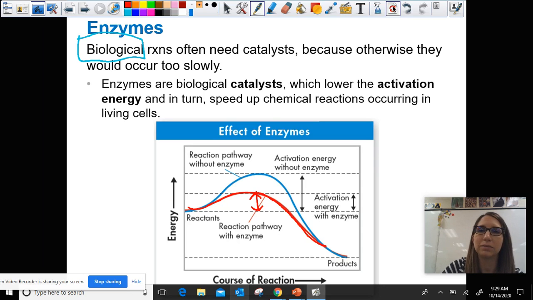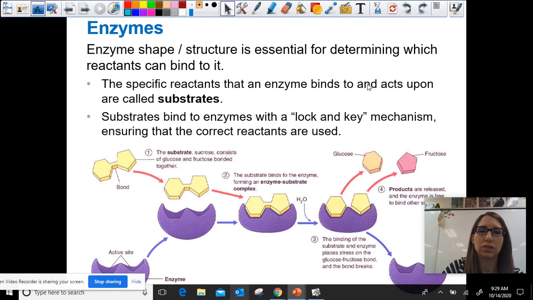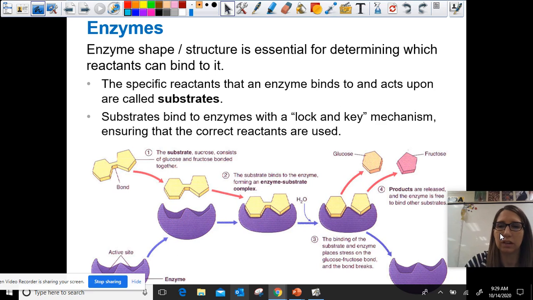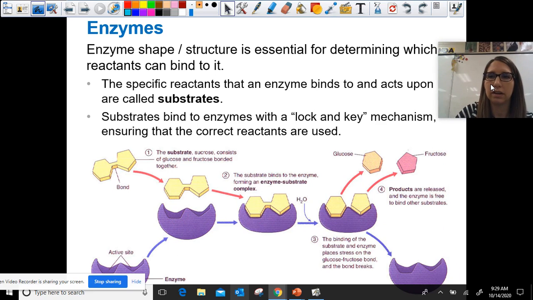Now, how enzymes actually do this is through something called a lock and key mechanism, which is maybe an odd name, but I like it because it helps me remember exactly what's happening here. We know that an enzyme, typically, is a protein, and proteins, like we talked about in section 2.3, are made up of monomers called amino acids.